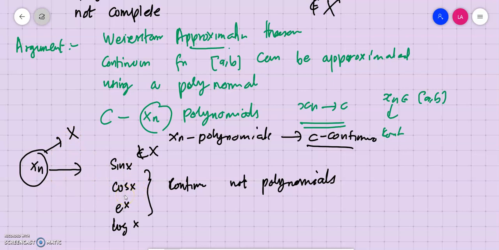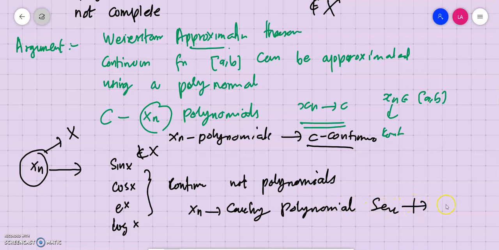So from this argument itself, using the Weierstrass approximation theorem, we can clearly state that there exists a Cauchy polynomial sequence which does not converge to a polynomial in general. So this is also an example of an incomplete normed space.